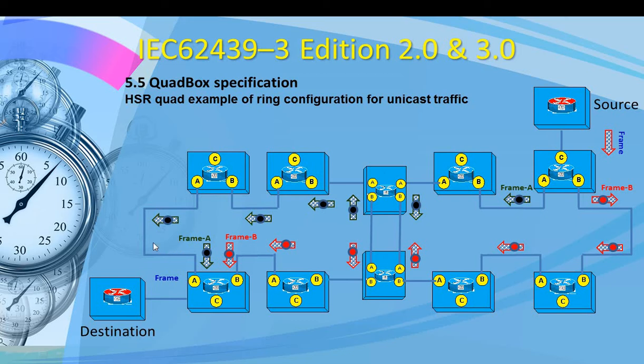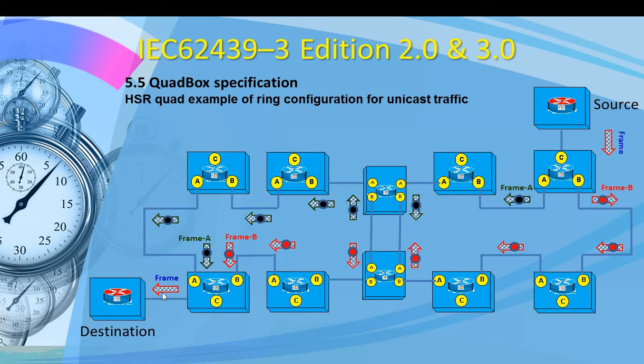Frame A is coming from network A, frame B is from network B. When the red box receives the 2 frames, it just forwards the first frame, maybe from direction A, maybe from direction B, depending on which frame comes first, and discards the second one.